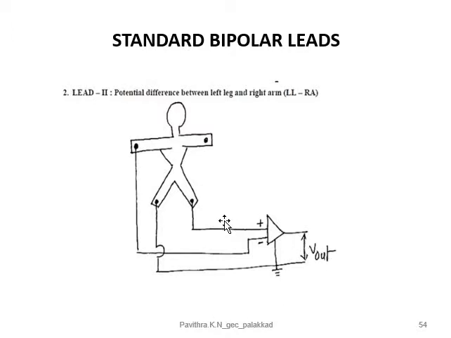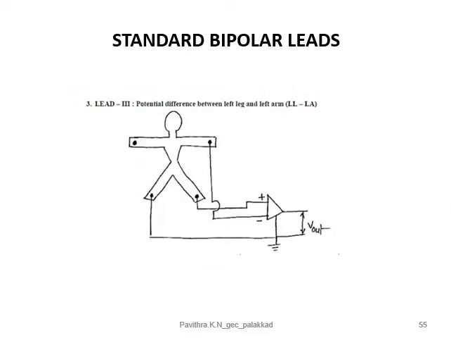So in this case one arm and one leg are taken. The electrodes placed at the right arm and left leg are given to the amplifier input, and from the output and across the reference electrode we can obtain an output voltage which is proportional to the data that we need to measure.